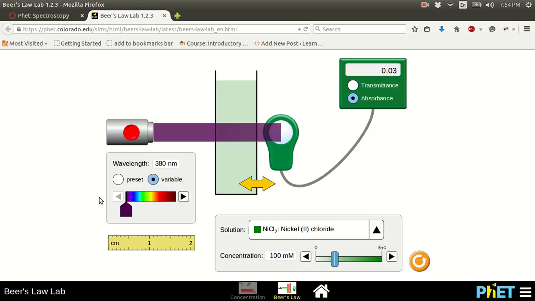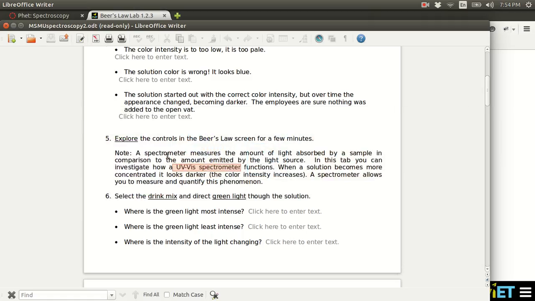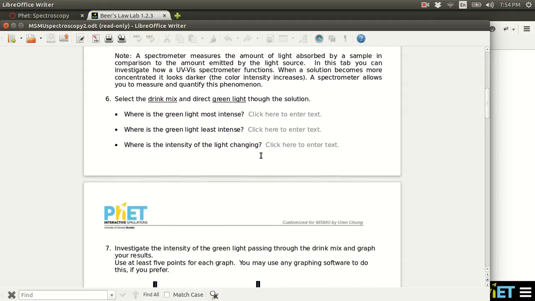And there are a lot of more expensive tools that can go deep into the ultraviolet range, such as 200 nanometers, whereas this tool in the simulation can only go down to 380 nanometers. So anyways, I'll let you spend some time with that paragraph there to understand what this is all about.